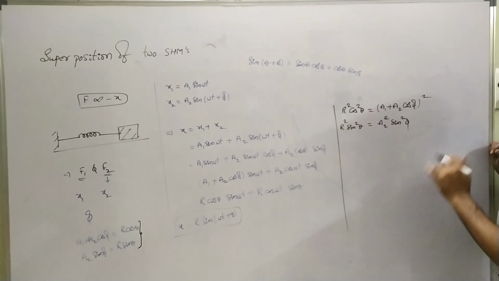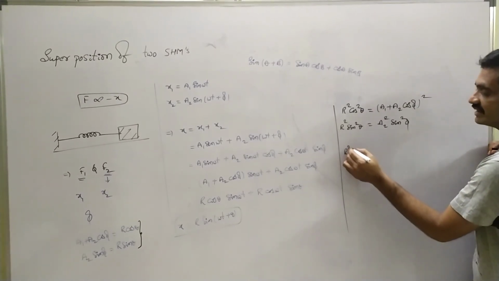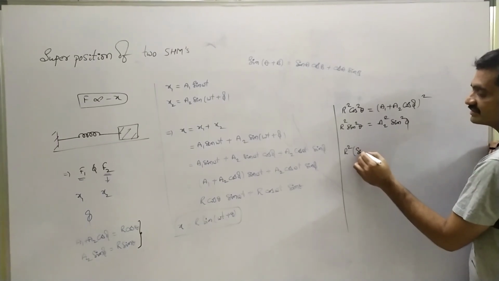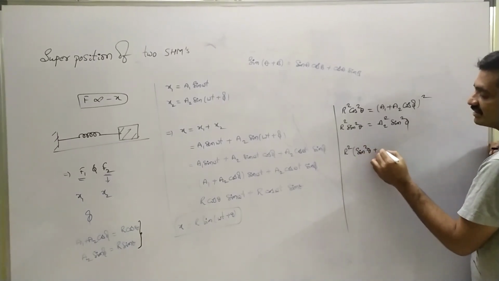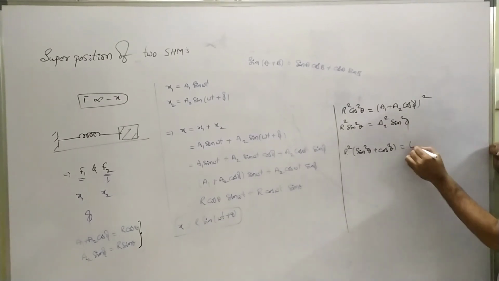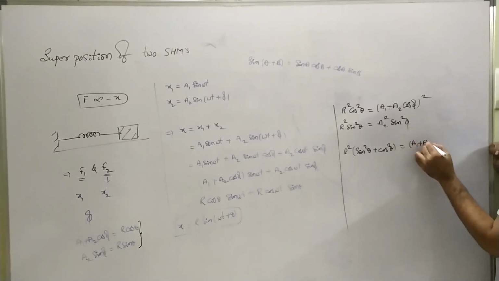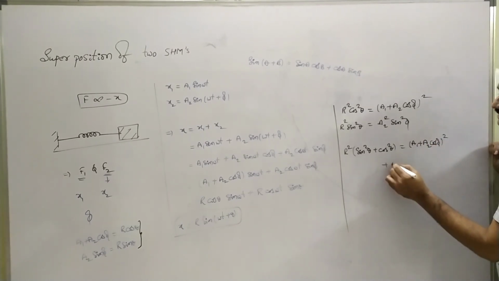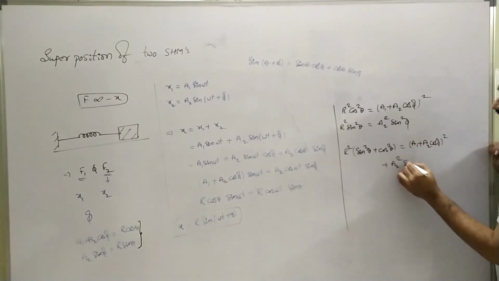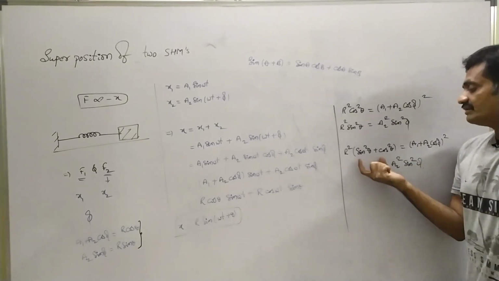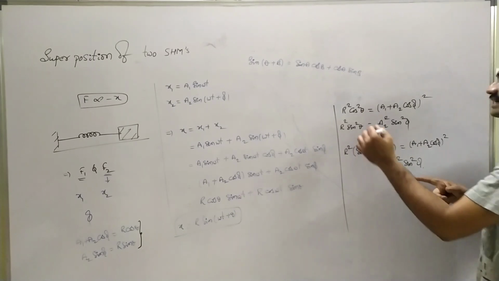Now we have to add these two equations. On adding, we can take r square as common, so we have r square (sin square theta plus cos square theta) equals (a1 plus a2 cos pi) whole square plus a2 square sin square pi. We know that sin square theta plus cos square theta equals 1.